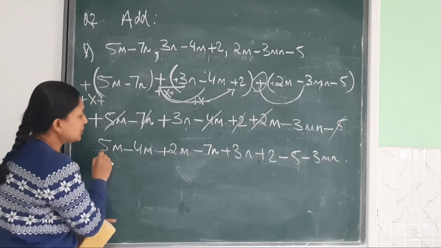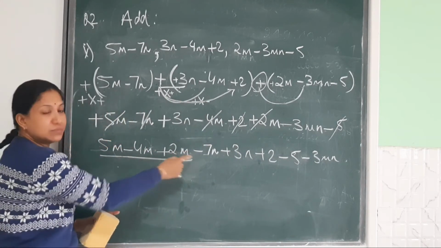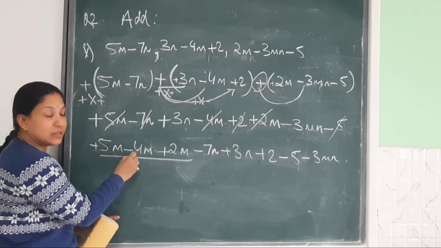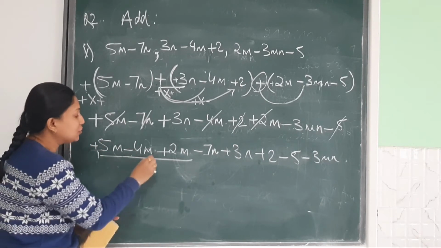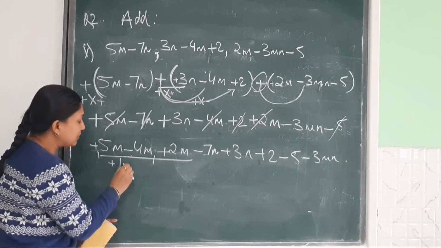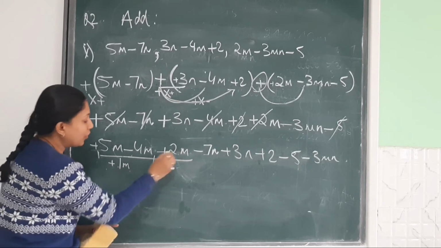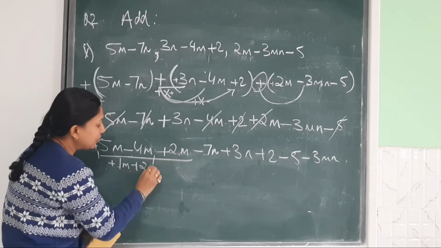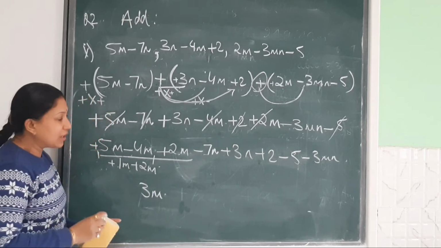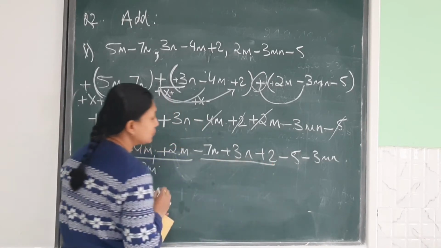Check. This is your variable m terms. So here you have plus sign, plus and minus, difference in sign. Solve these two. Difference in sign, subtract, put bigger number sign. This will become 1m. What do you have? Plus you have 2m. Same sign, add and put same sign. Same way, this also you see.